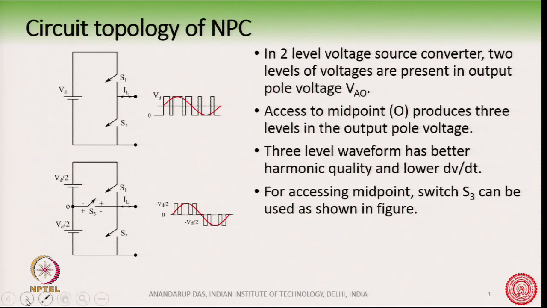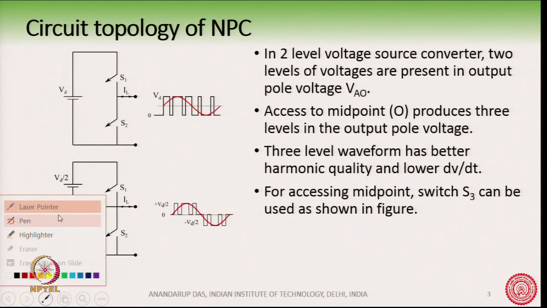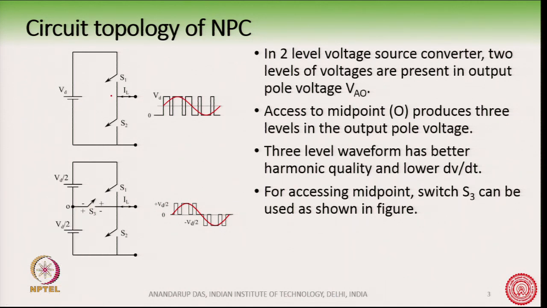So, in this diagram this is A and that is O. In the case of a 2-level voltage source converter, the VAO voltage can be 0 and Vd.